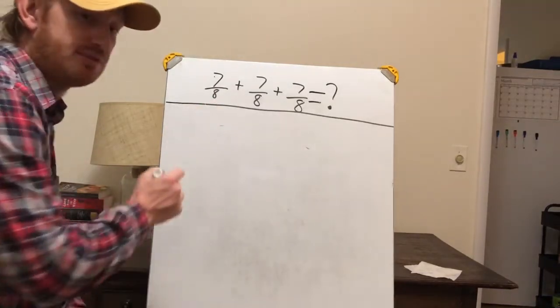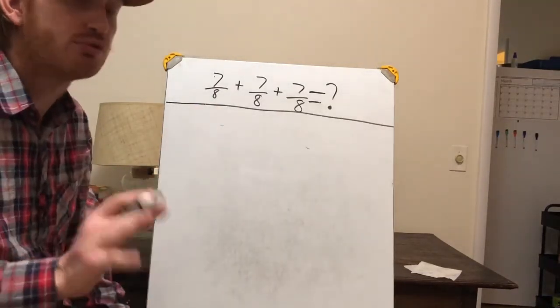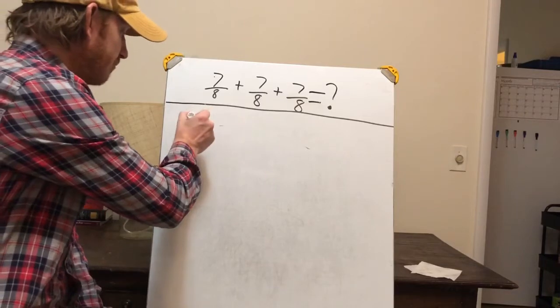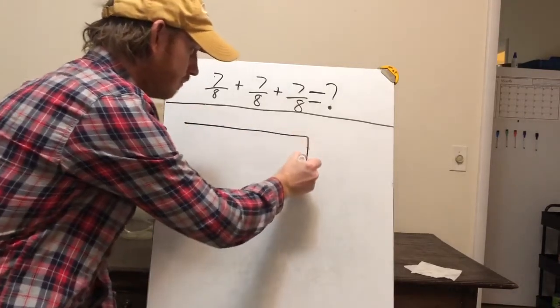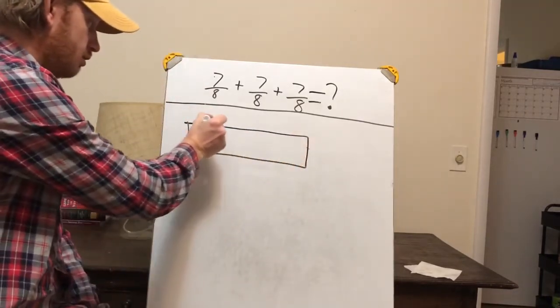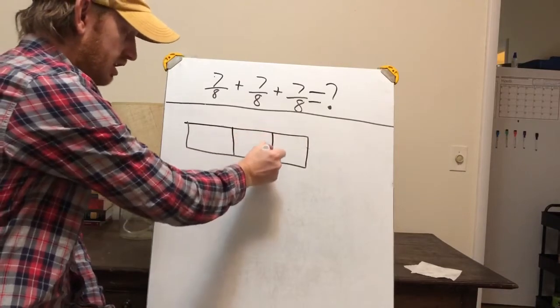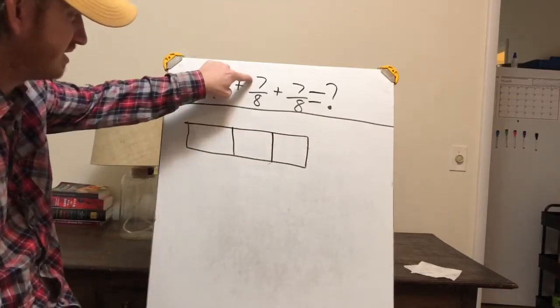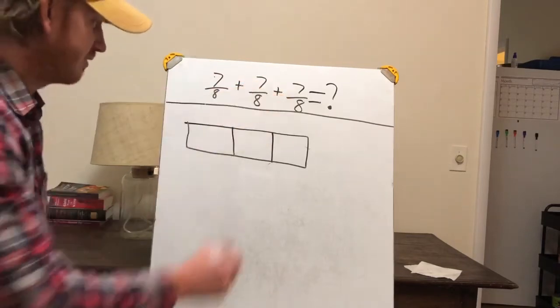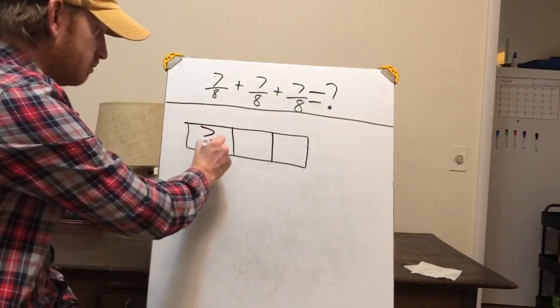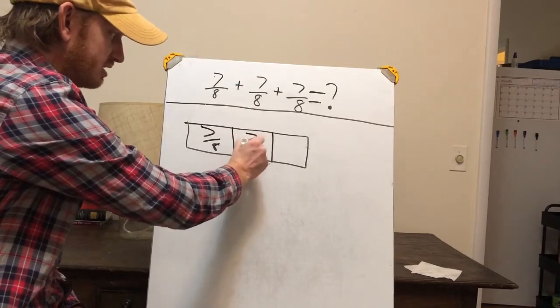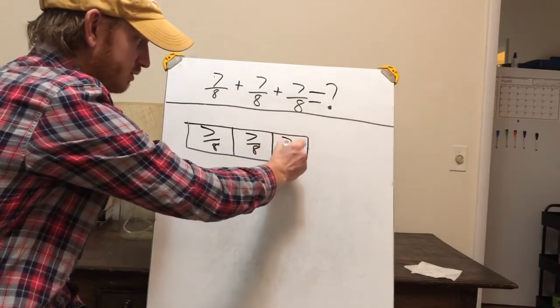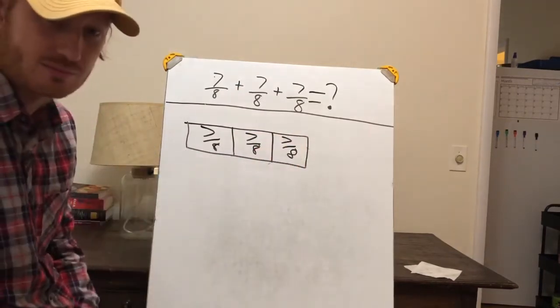I'm going to use a tape diagram, and I'm going to draw it pretty simply. So I have my tape diagram, and that's made up of 3 different 7/8. 7 over 8, 7 over 8, 7 over 8. So this would be a 7/8, this would be a 7/8, and this would be 7/8.